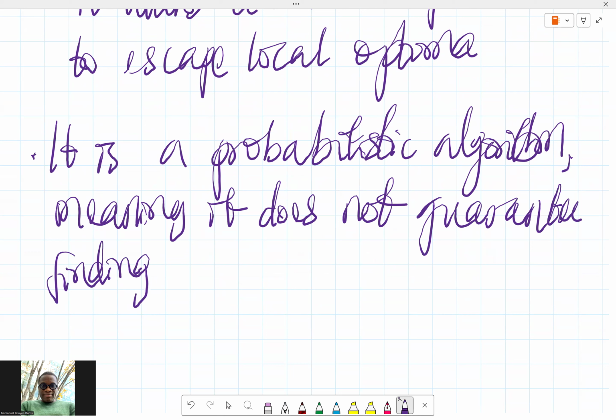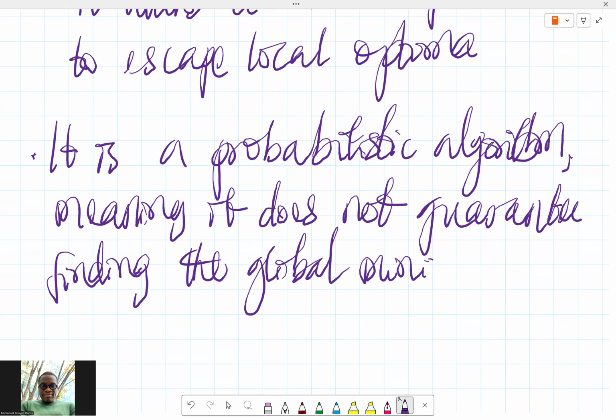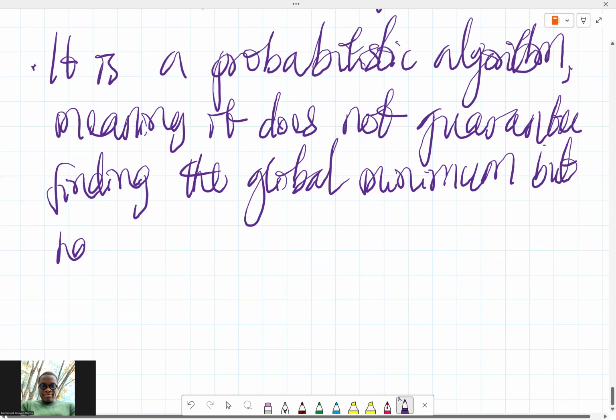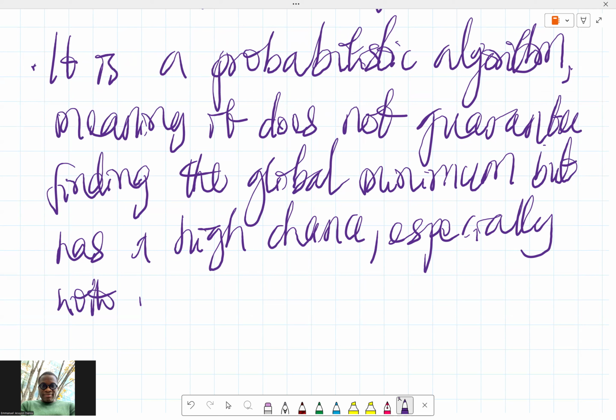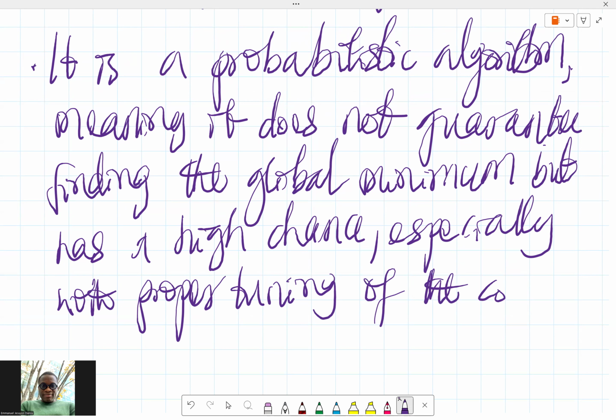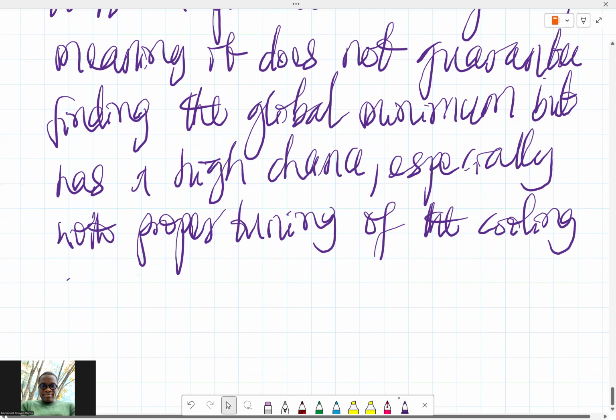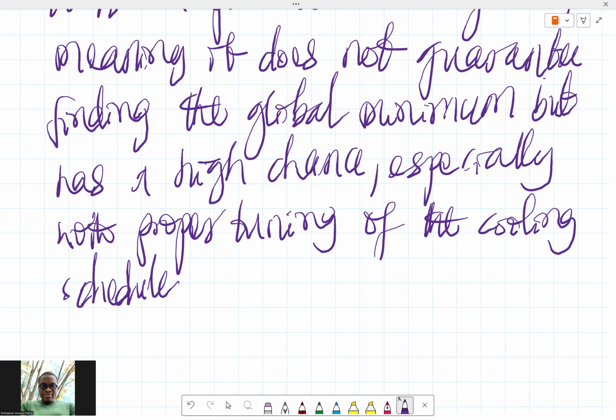But it has a high chance, especially with proper tuning of the cooling schedule. So that's how it is.